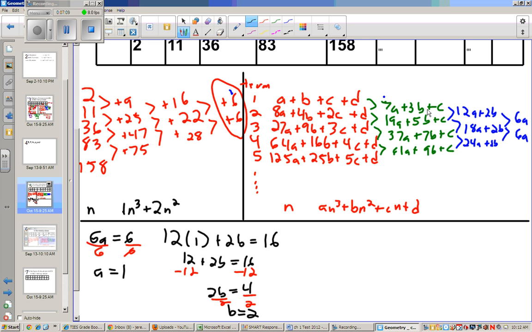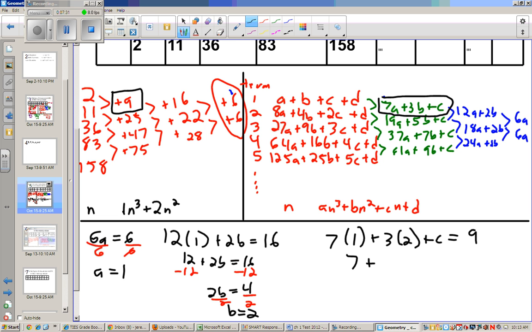So 7a plus 3b plus c. So 7 times a, which is 1, plus 3 times b plus c is going to equal some number. So what's in this position over here? That is the 9. So this is going to equal 9.